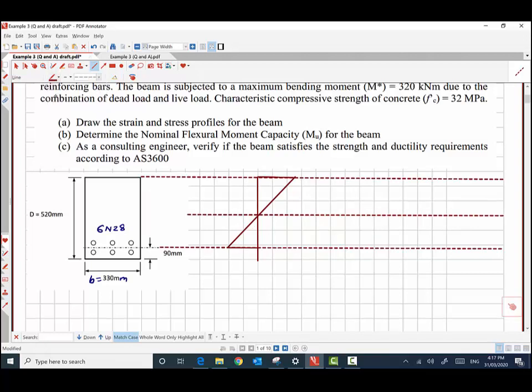Here this is the strain in steel, which is epsilon st. Crushing strain of concrete is epsilon cu, 0.003, and this is the depth of the neutral axis, which is kud, and that's what we already have. And now let's draw this. Now this is the strain profile again.